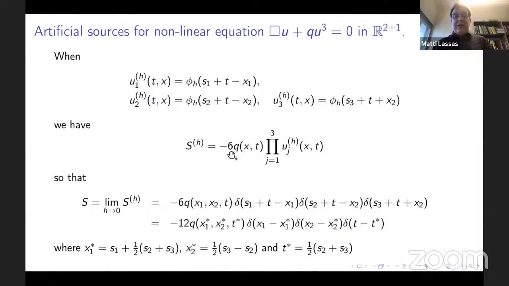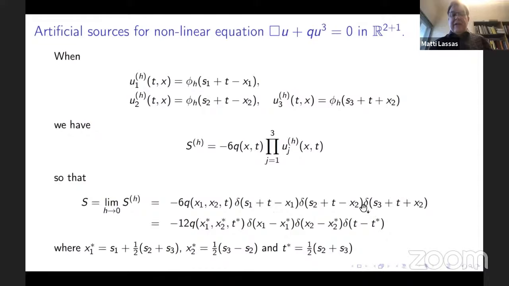And let now H go to 0, so that the pulse length goes to 0. Then this interaction source, this SH, converges to S. S is the product. We have this -6 times Q, that is here. And then we have the product of 3 delta distributions, 3 delta waves.